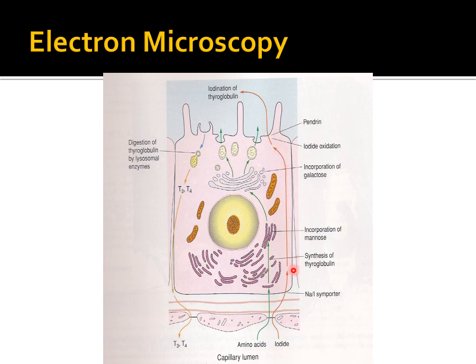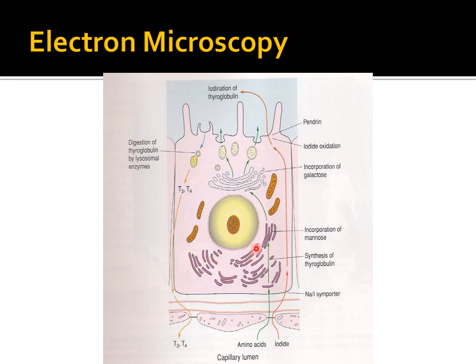At the basal side of the cell, there are iodide pumps, and because of these iodide pumps, the iodide enters the cytoplasm through the basal plasma membrane of the cell, where these iodide pumps are present.